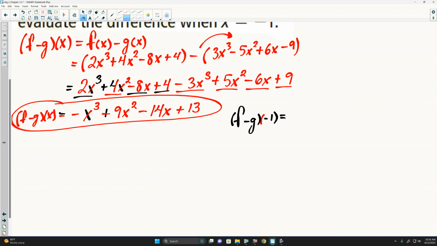Now we need to determine what this function is when x is negative 1. So every place where there is an x, we're going to replace it with negative 1.